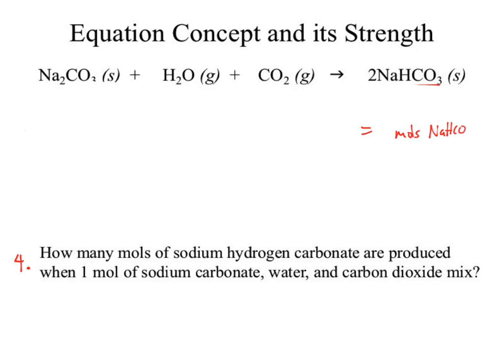I want moles of sodium hydrogen carbonate. What am I given? A mole of water. That's not carbonate. What does that say? It says mole of H2O. Plus? Can I do that? Can I add in my conversions?